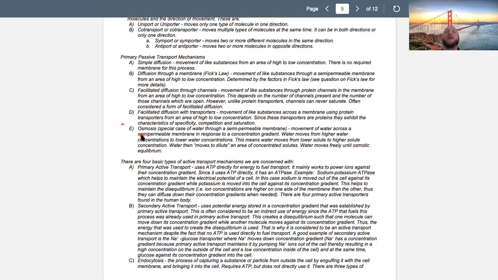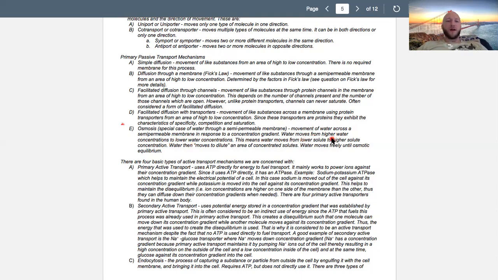And osmosis. Osmosis is water. What can do osmosis? Osmosis is the movement of water. I'm repeating this because some students have had trouble with that in the past. Osmosis is the movement of water across a semi-permeable membrane in response to a concentration gradient. Water moves from high concentrations of solutes to low concentrations.